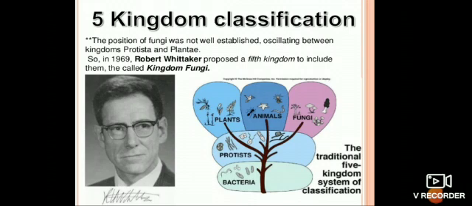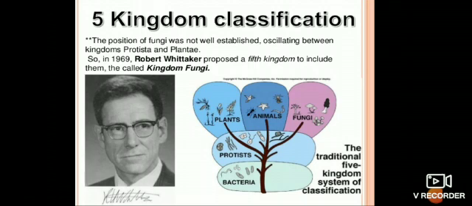So, this is for a better understanding. Coming to the 5 kingdom classification. In the Linnaean system of classification, fungi was not given a prominent place, but fungi contribute a large number of organisms. So, Robert Whittaker put the fungi in a different kingdom. That is called the 5 kingdom classification.